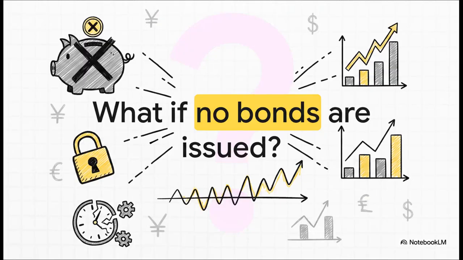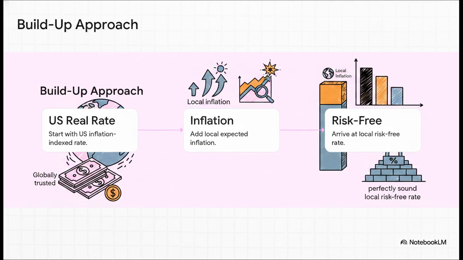But let's push our pragmatism to the absolute limit here. What happens when a country's financial markets are so constrained that the government doesn't even issue local currency bonds at all? Or what if they technically exist, but they just don't trade liquidly enough for us to actually trust the interest rate? What do we do then? If you literally have no local bond to use as a baseline, you switch to the build-up approach. This is pure fundamental synthesis.